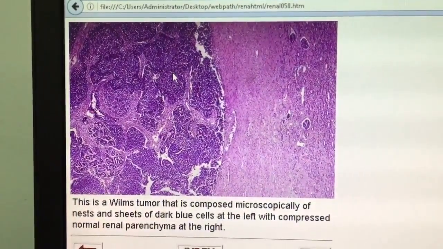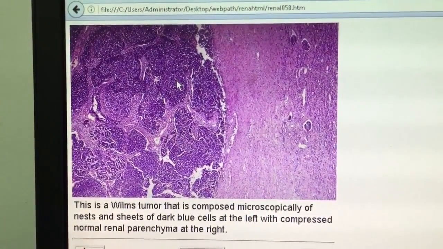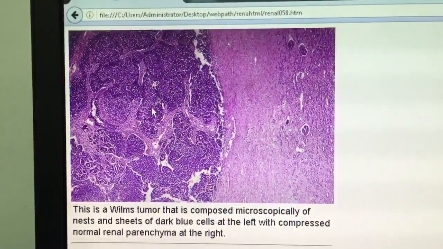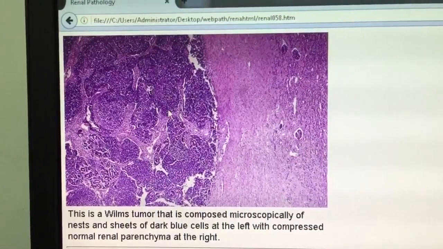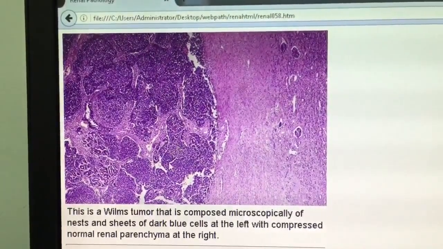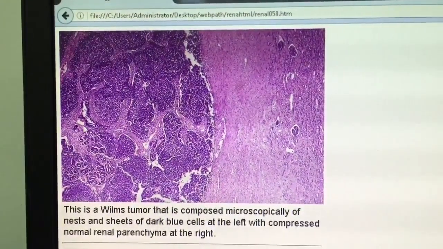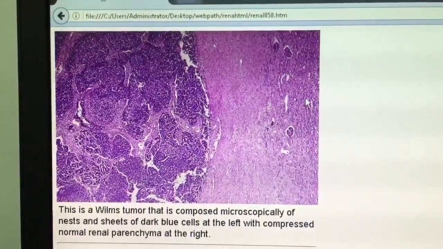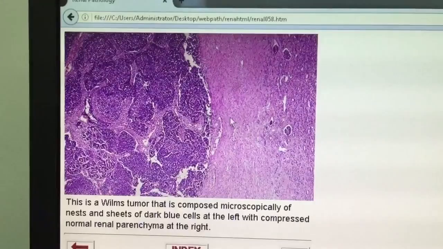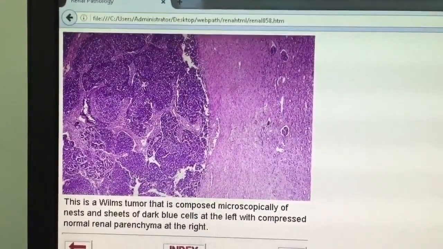will show that the tumor cells grow in nests and sheets. These are nests, and this part represents diffuse growth. Separated by fibrous tissue septa, it might be separated from the adjacent renal parenchyma by fibrous bands.